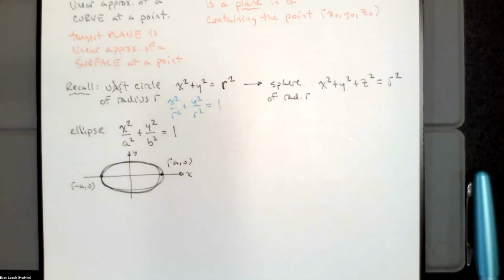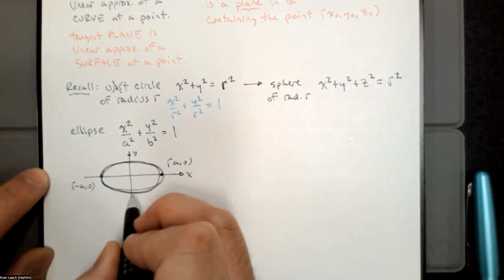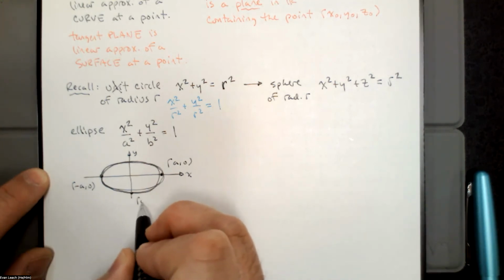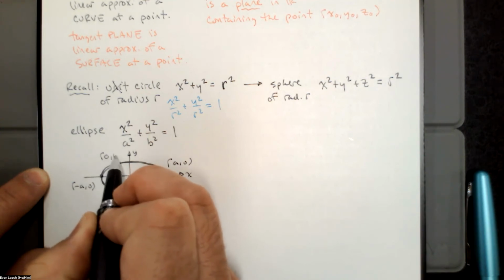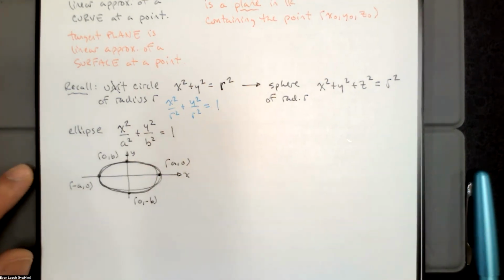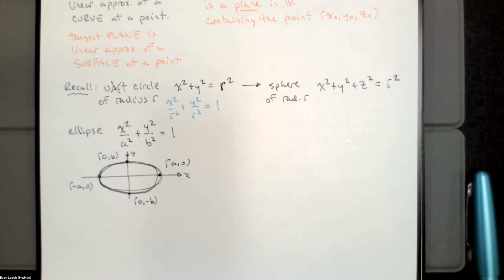We have plus and minus a on the x-axis, plus and minus b on the y-axis. And you can see if I make a and b the same, that's just going to give us a circle.